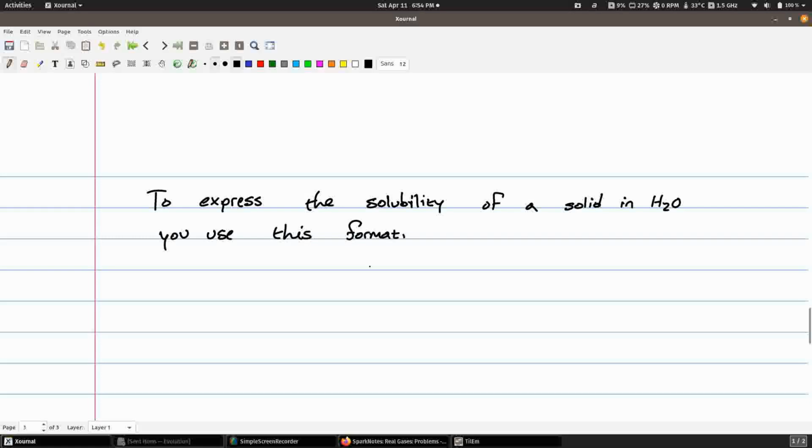For a solid, you would have grams of the solid divided by 100 grams of water. And just to recap, density of water is 1 gram over 1 milliliter. So you can use this as a conversion factor.